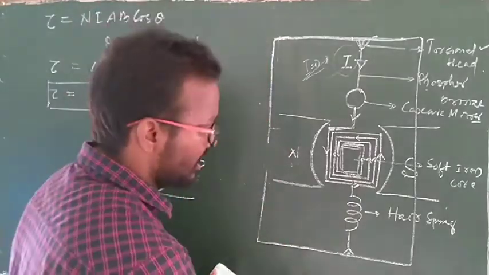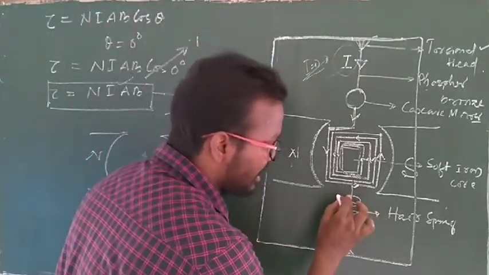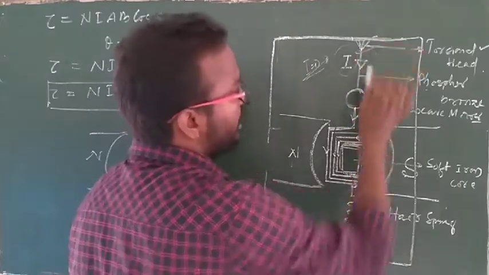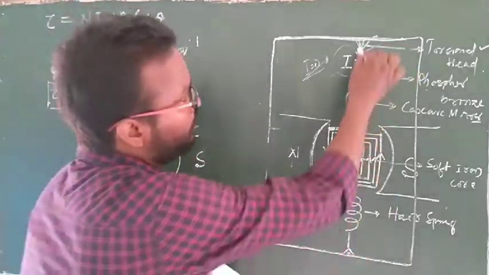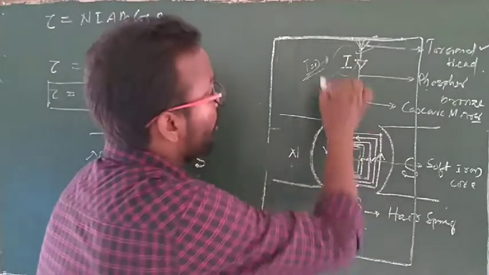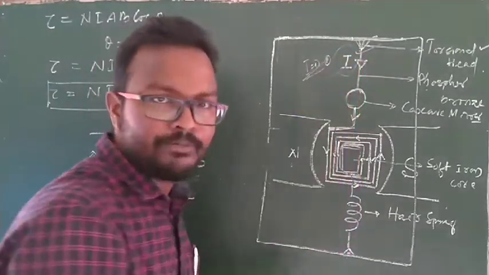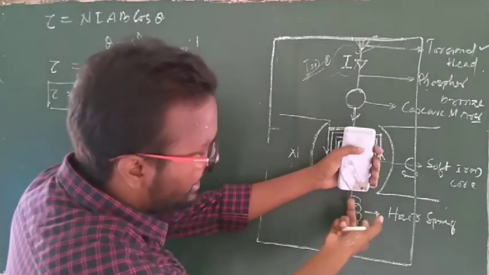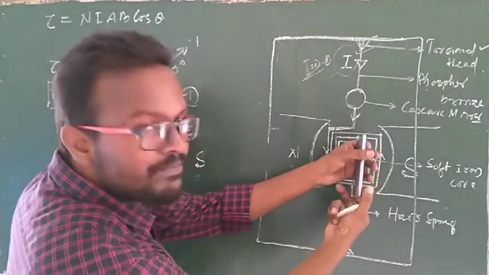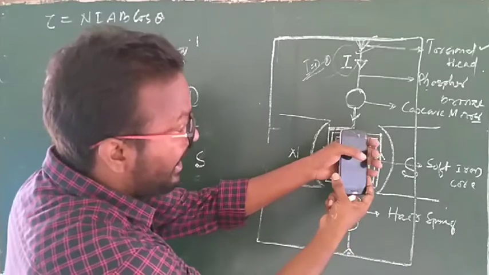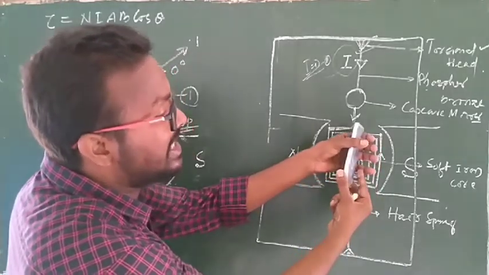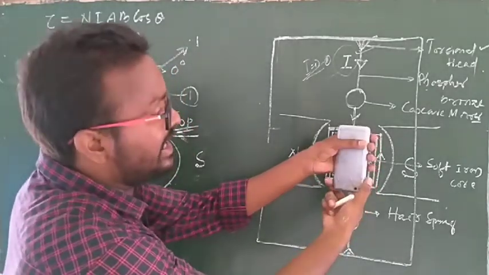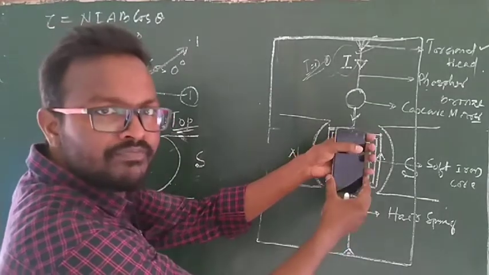So the hairspring, which is tight when current I flows through the coil, tries to regain its original position when the current is zero. So the coil again rotates in the opposite direction to regain its normal position.